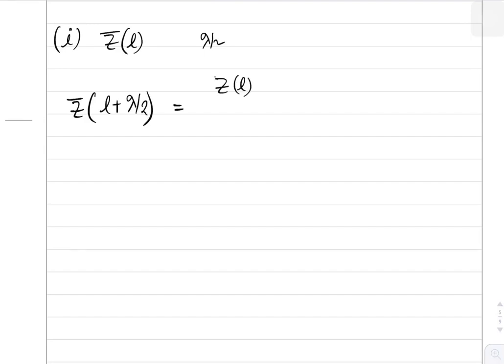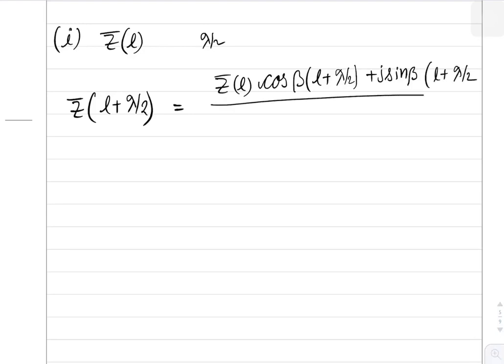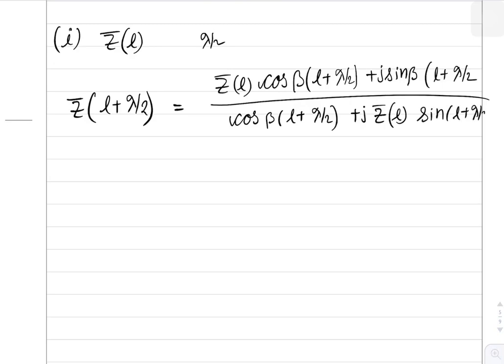That is equal to Z bar of L, the normalized impedance at a distance of L, into cos of beta times L plus lambda by 2 plus J into sin beta times L plus lambda by 2 by cos of beta times L plus lambda by 2 plus J times Z bar of L sin of L plus lambda by 2.